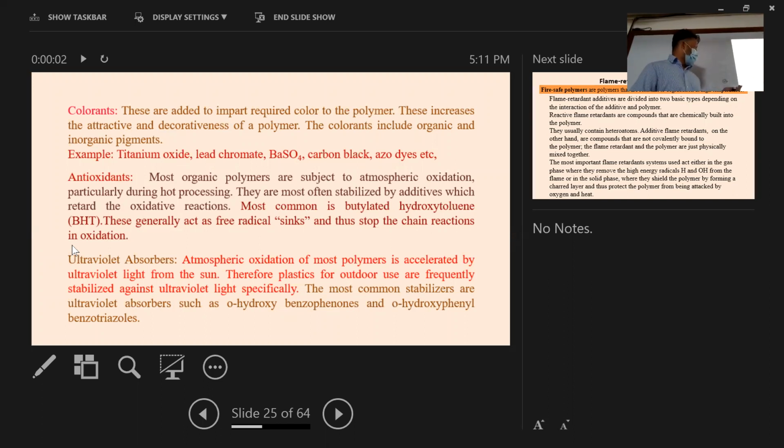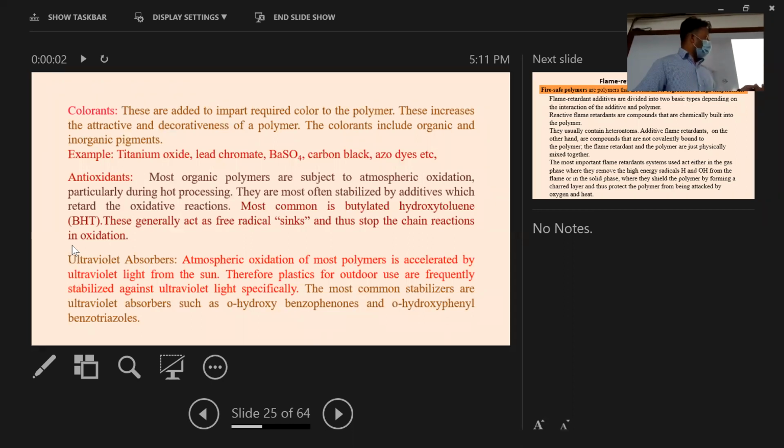But if you have some materials that absorb mostly the UV, that can be helpful for us, because we always try to avoid UV because it is very high energy. So if we have a material that can absorb the high energy radiation, that can be helpful.